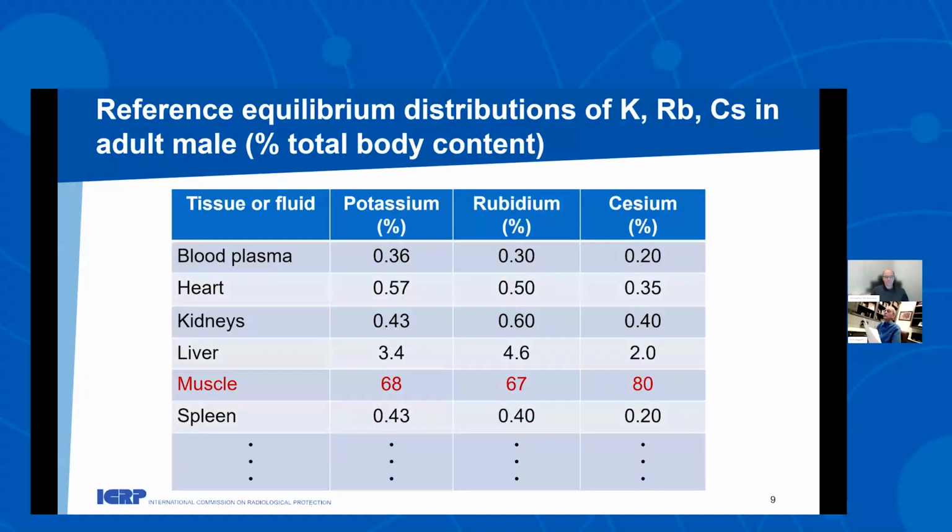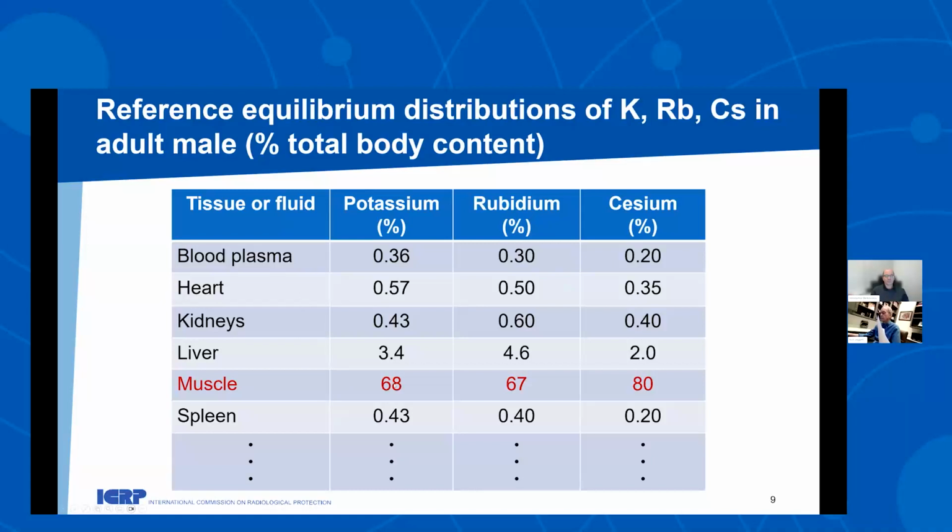Another input into the models is the reference equilibrium distributions of potassium, rubidium, or cesium, whichever you're dealing with, in the body. And here are some examples for the reference adult male for selected tissues.